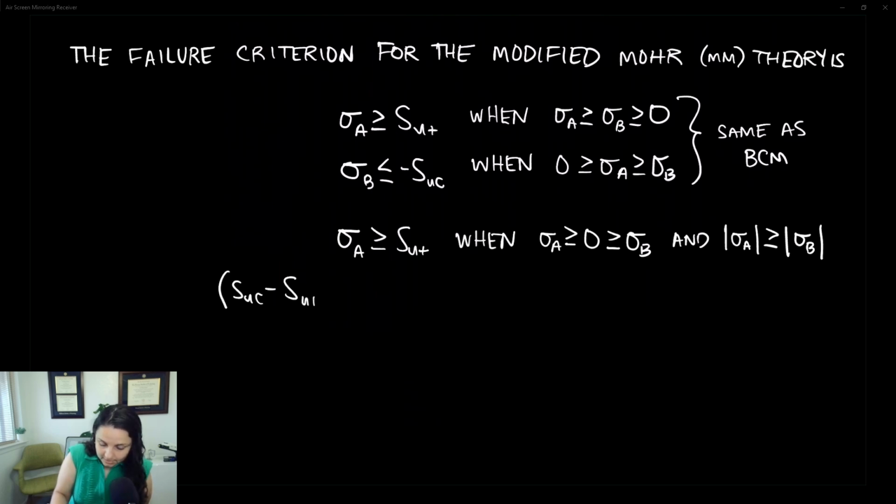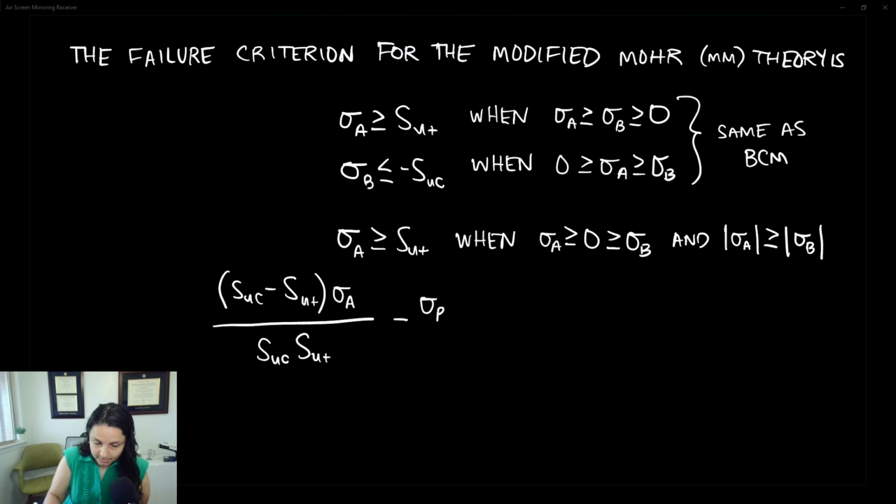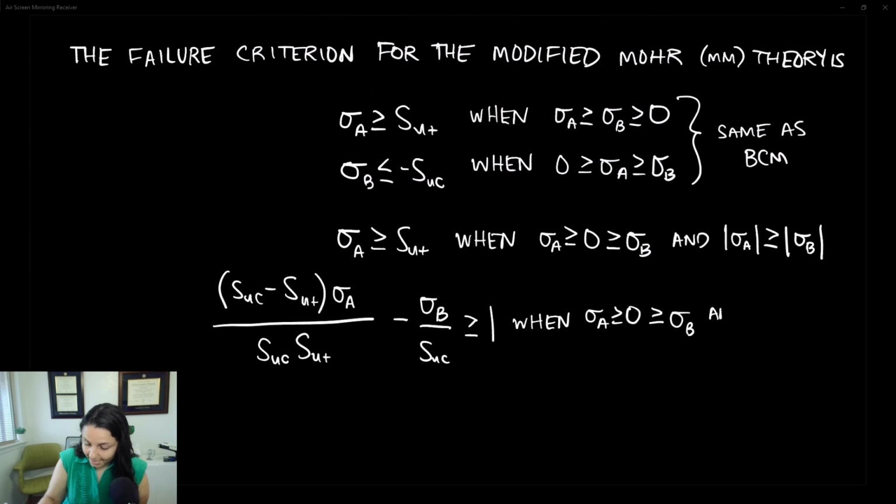We have SUC minus SUT times sigma A divided by SUC times SUT, minus sigma B over SUC, if all of that is greater than or equal to 1, under the condition that sigma A is positive and sigma B is negative and sigma B is greater in magnitude than sigma A. If all of that is true, then we predict failure.